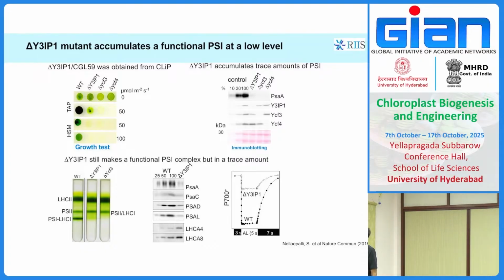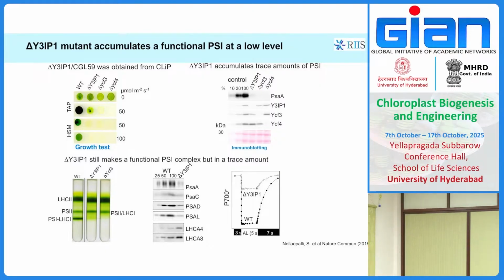So we looked at the Y3IP1 minus mutant, also in Chlamydomonas, CGL59. CGL means conserved in the green lineage, so it's related to photosynthesis or something.